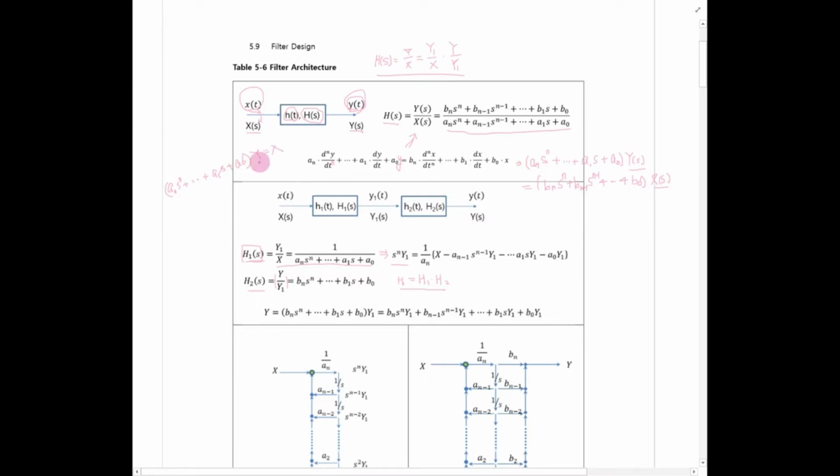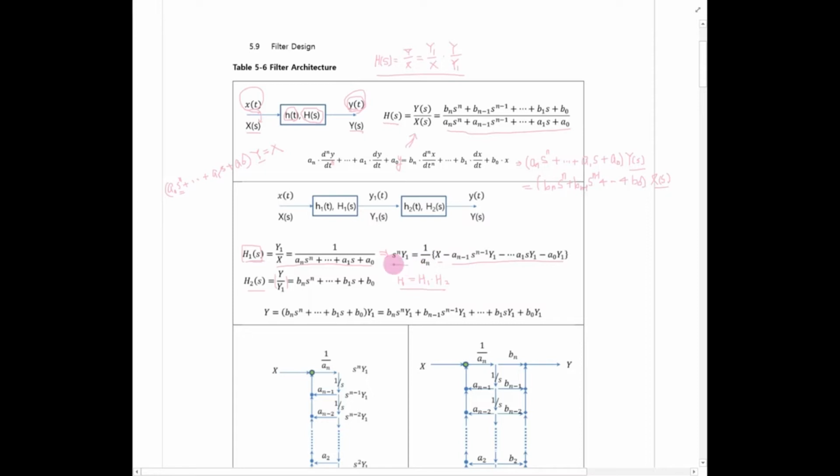Okay, then I would like to express s^n y, then 1 over a_n is divided here, then all the other components will be moved to the right side, then it will give these expressions, and divide by 1 over a_n.